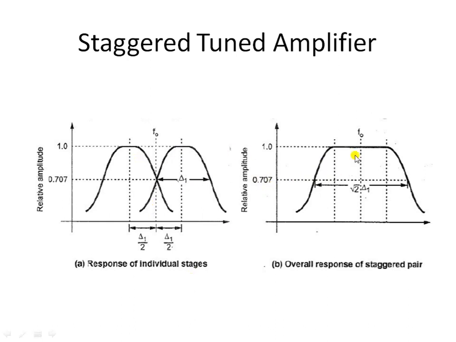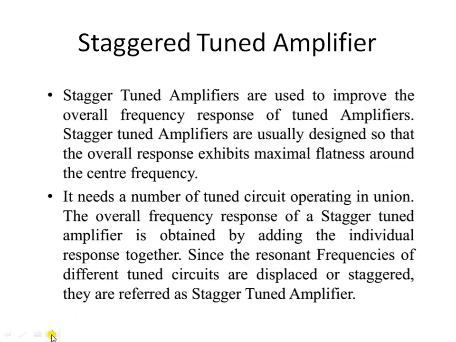In a staggered tuned amplifier, the response is flat at the center compared to the previous one, and that's why we can say the problem of the double tuned amplifier is resolved by the staggered tuned amplifier. Staggered tuned amplifiers are used to improve the overall frequency response of the tuned amplifier. They are usually designed so that the overall response exhibits maximum flatness around the center frequency. It needs a number of tuned circuits operating in union.